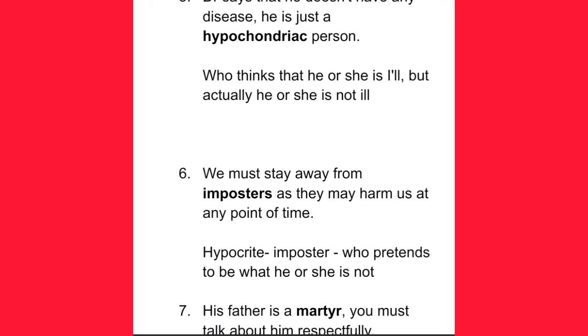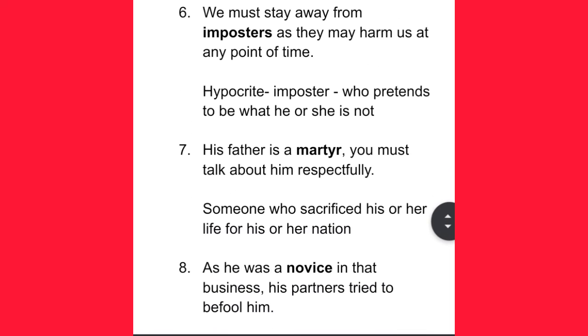So you can say that that person has some kind of psychological disorder, and because of that he or she feels all the time as if he is not well. These kind of people are known as hypochondriac people, who think that they are ill, but actually they are not ill. Fine.